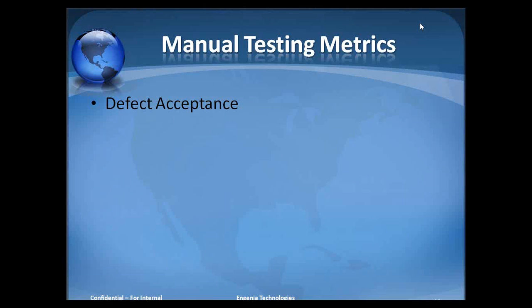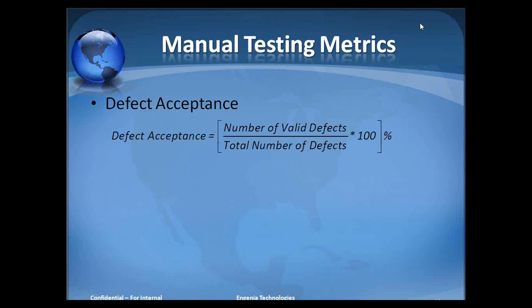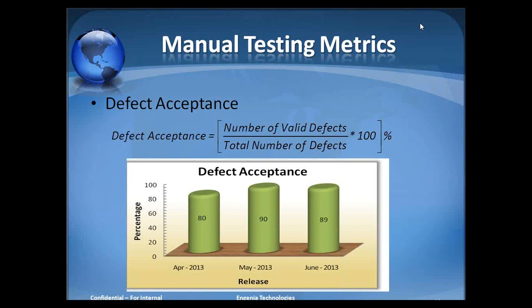The next one is defect acceptance. This metric determines the number of valid defects that the testing team has identified during the execution. The formula for this is that defect acceptance is equal to the number of valid defects divided by the total number of defects multiplied by 100, since we are calculating a percentage. We can compare the trends month by month.